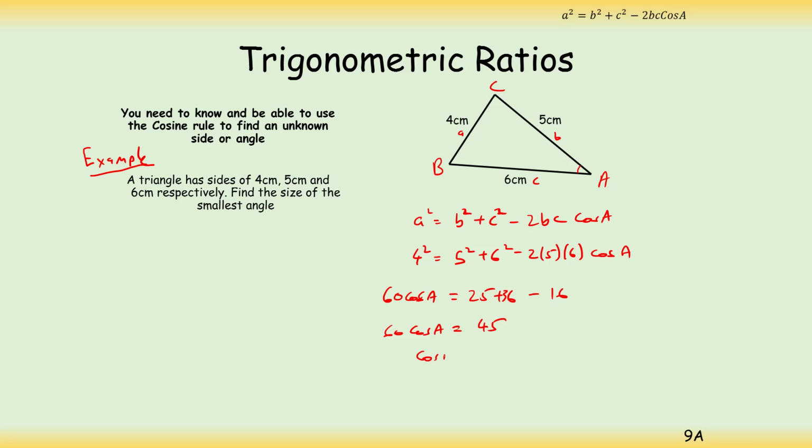So cos A is equal to 45 over 60, and you can now use your calculator if you want. Cos A is equal to 0.75. So A is equal to cos to the minus 1 of 0.75, which is equal to, on your calculators, make sure you check that for me, but that's our smallest angle.